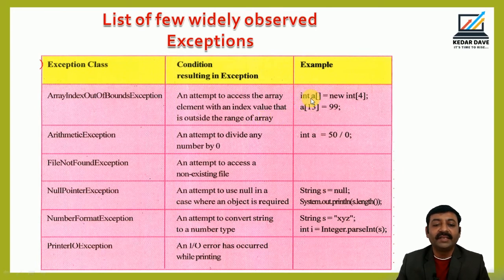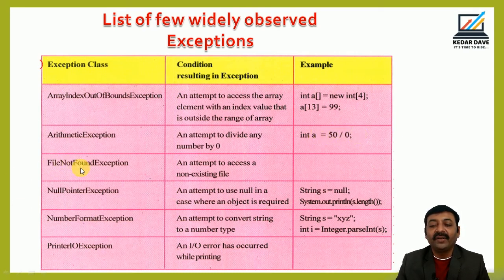Here int a[] is one dimensional array equal to new int[4] and a[13] = 99. This is the example. After that, the second one is ArithmeticException. What is it? An attempt to divide any number by 0. int a = 50/0.